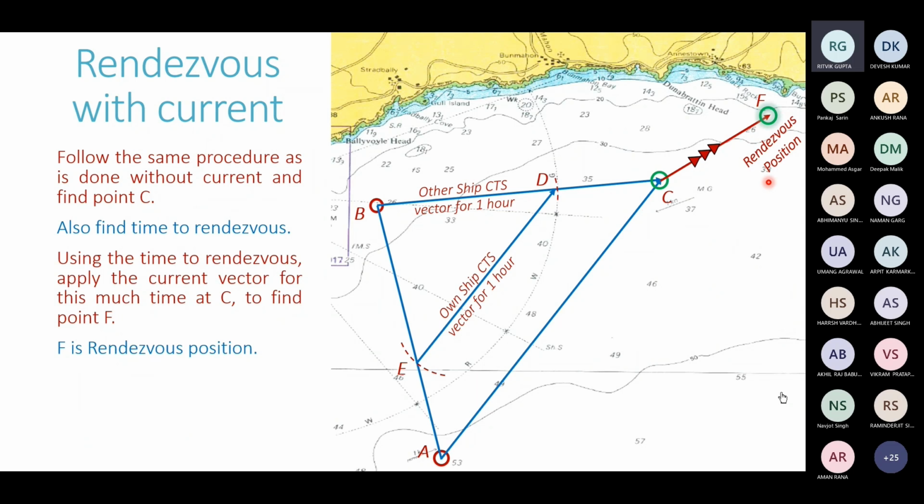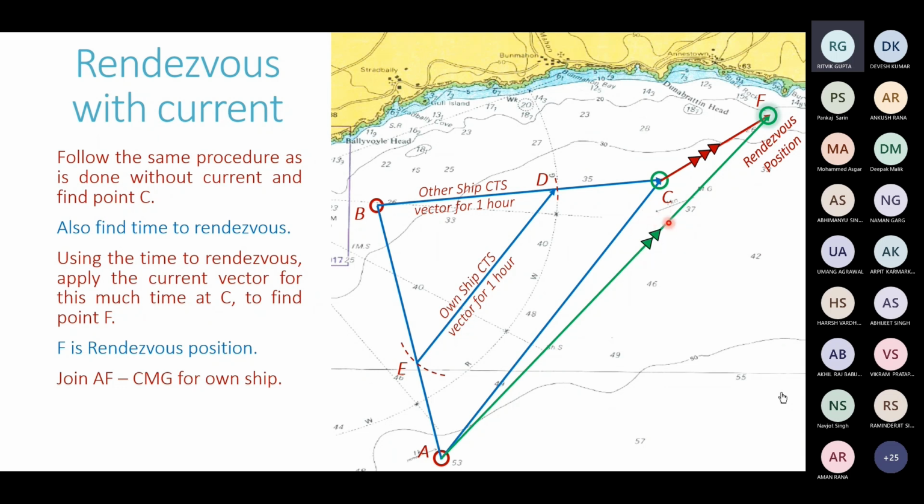Let's now understand how position F became our rendezvous position. For this, let's join point A, which represents our ship's starting position, with point F. So we have this line AF, Alpha Foxtrot, on the chart. This line AF is the course made good by own ship.